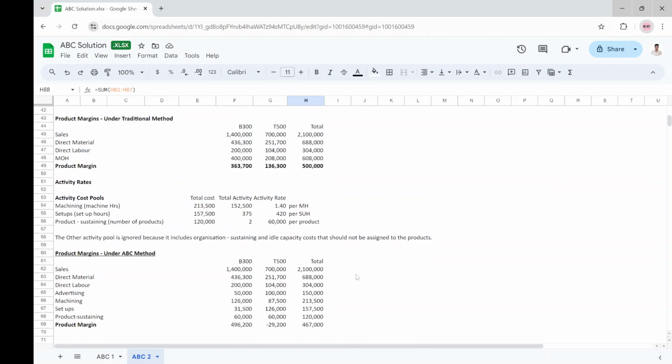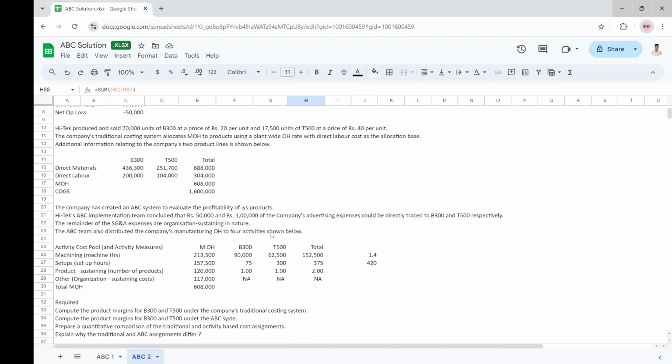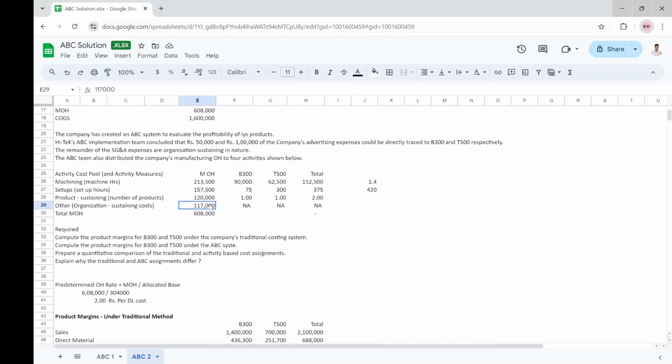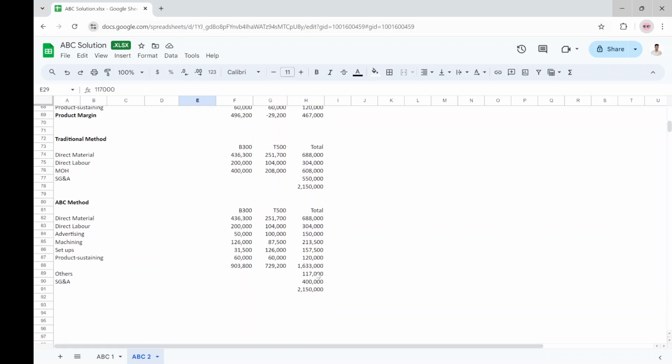After that, some other costs are there which are given as this, and the MOH which we cannot trace. So we'll just write it down at the end. And also this ACNA, previously it was 55,000. Now what we have to do is deduct the 1,50,000 also, because they have already added it in here, so we cannot add it again.